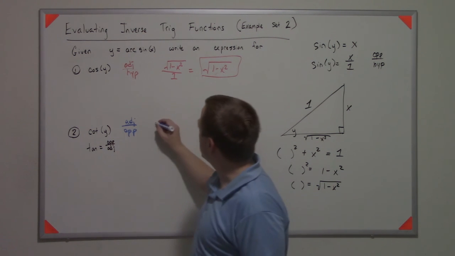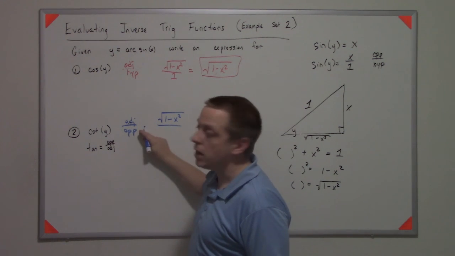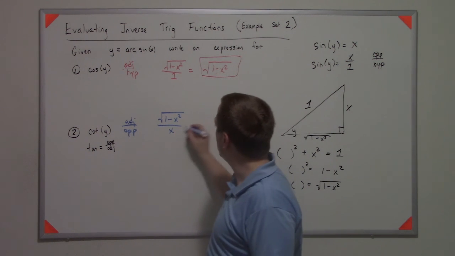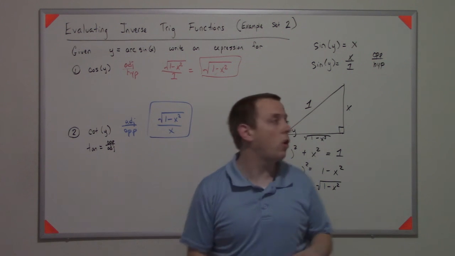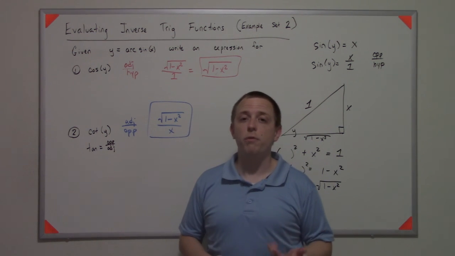We know that the adjacent side is the square root of 1 minus x squared. The opposite side is x. And that's our answer. So realistically, the hardest part is constructing the triangle. Everything else is pretty much straightforward once you have it.